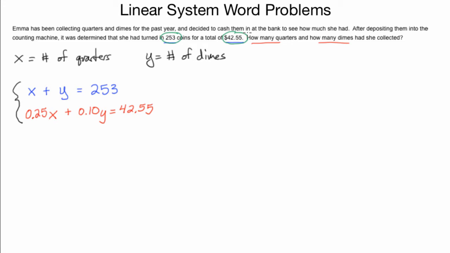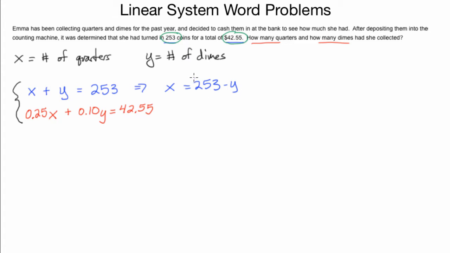Okay, let's actually solve this thing now. This particular problem, I've got x and y. It'd be really easy to rearrange this. I'm going to rewrite that equation as x equals 253 minus y, and I'm going to just use substitution.